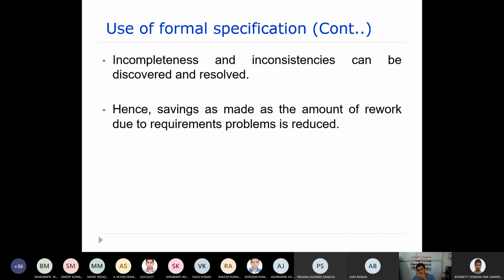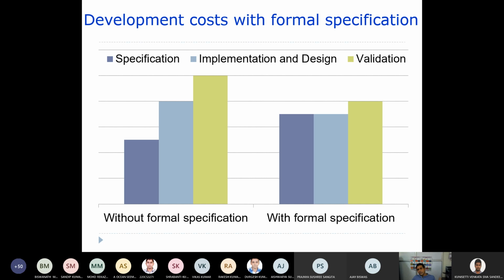Now you can see the development costs with the use of formal specification. Without formal specification you can see on the left side, and with formal specification on the right side plots. In the first bar, that is the specification.